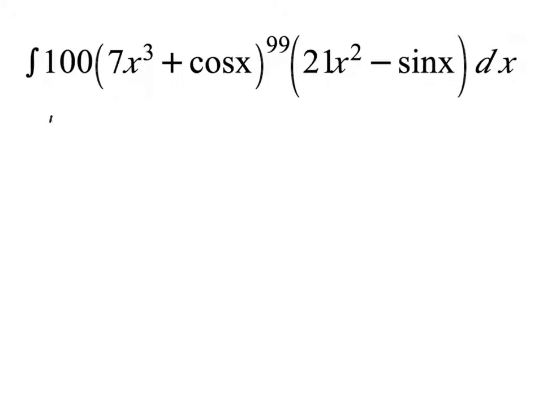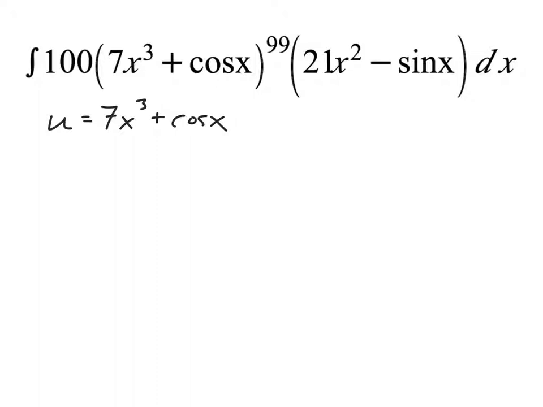So I'm going to go ahead and start by defining u as the innermost function, basically. And so I got this power of 99. Well, whatever is to the power of 99, that's what I'm going to define as being u. So I'm going to use that as my u value. So that's 7x cubed plus cosine of x.